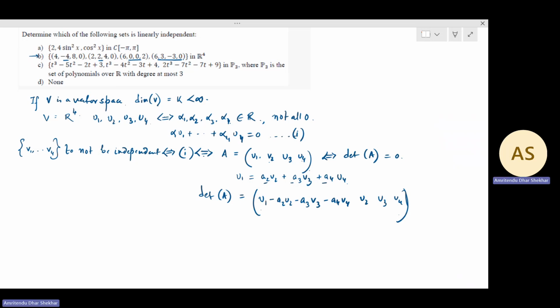Right, but the first column is equal to 0, and so the determinant vanishes.